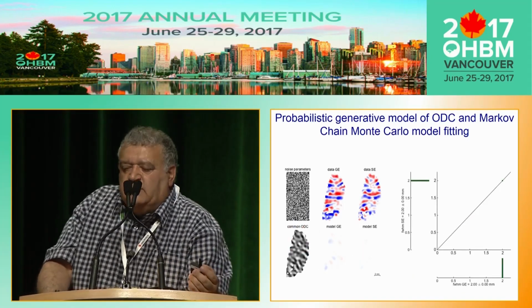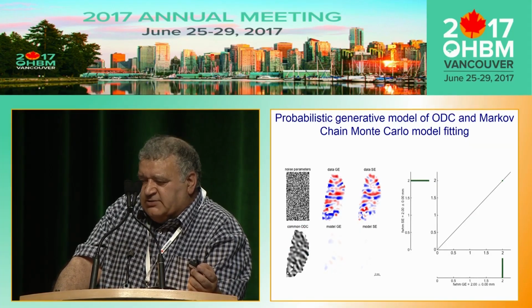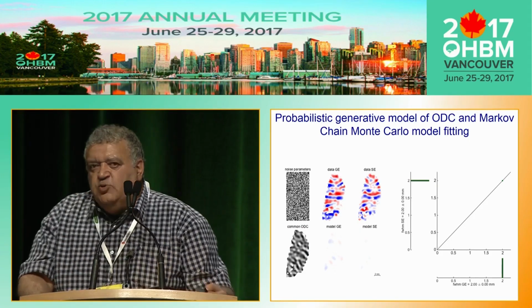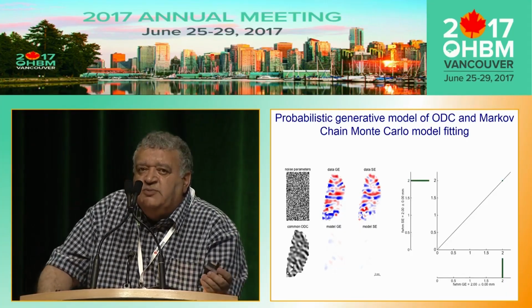What you see here is a demonstration of the first 1% of iterations of this simulation and fitting of the model to the data. Is it possible to run the movie, please?